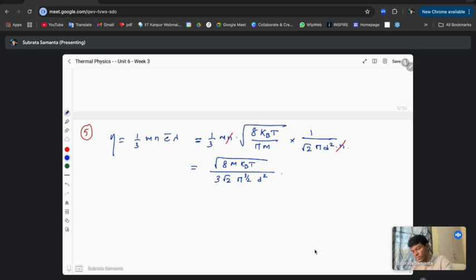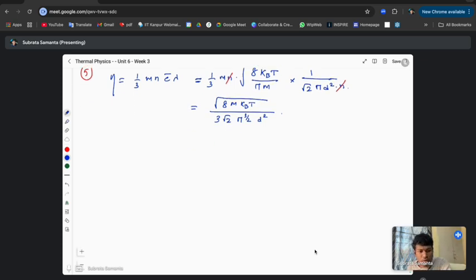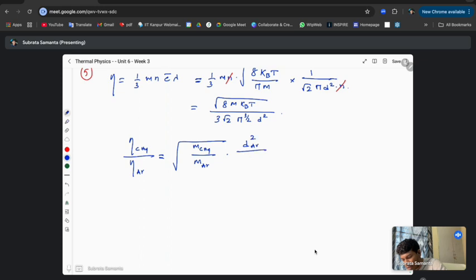So now I have to calculate the ratio of two viscosities, right? So eta CH4 over eta argon. This is basically square root of, so k_B T is fixed and these are constants, so m changes, so m CH4 over m argon, right, times 1 over d square, so d argon square over d CH4 square.